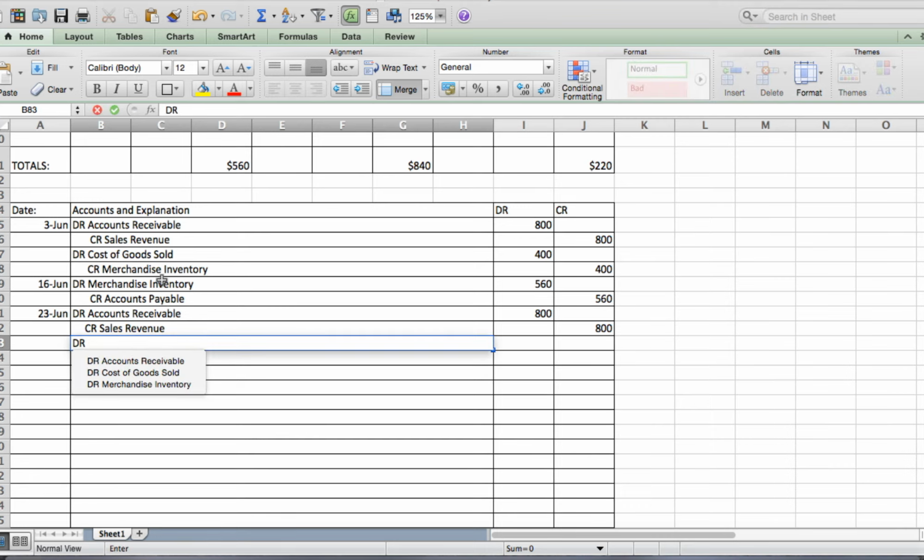So we're still going to have the same format that we did up here in June 3rd. Debit cost of goods sold. Credit merchandise inventory. Okay, that template's going to be the same for each of these three. This is just showing us that this first one's for FIFO.